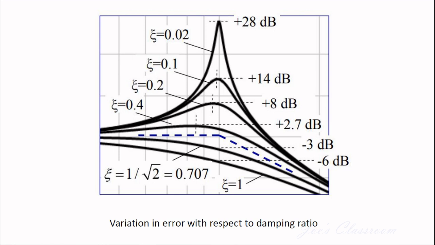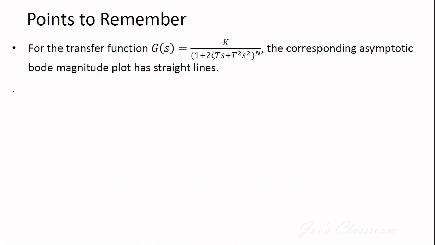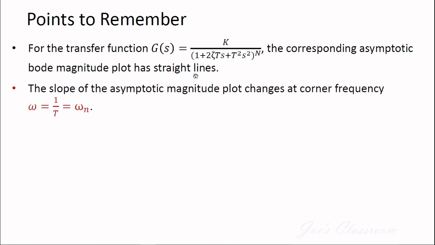With the discussion so far, what are the takeaways? If my transfer function is in this form, which results in complex conjugate poles, then the asymptotic Bode magnitude plot is going to have a pair of straight lines. The pair of straight lines change their slope at the corner frequency, and the corner frequency is given by 1 by t, which is equal to the natural frequency of oscillation.